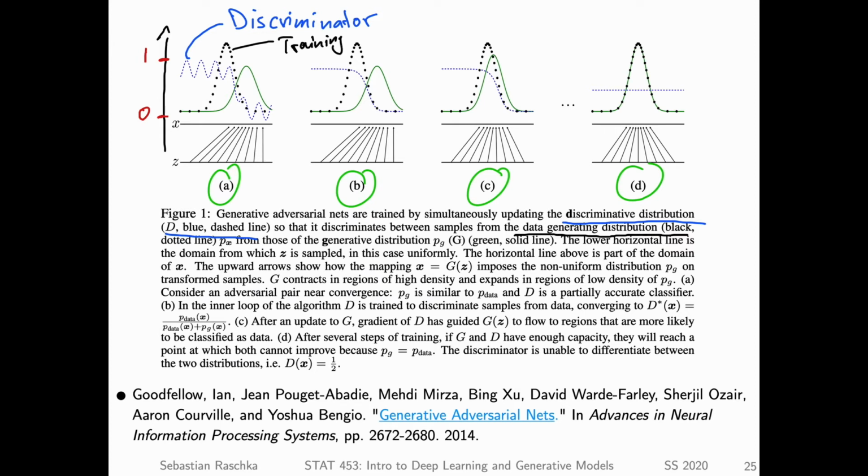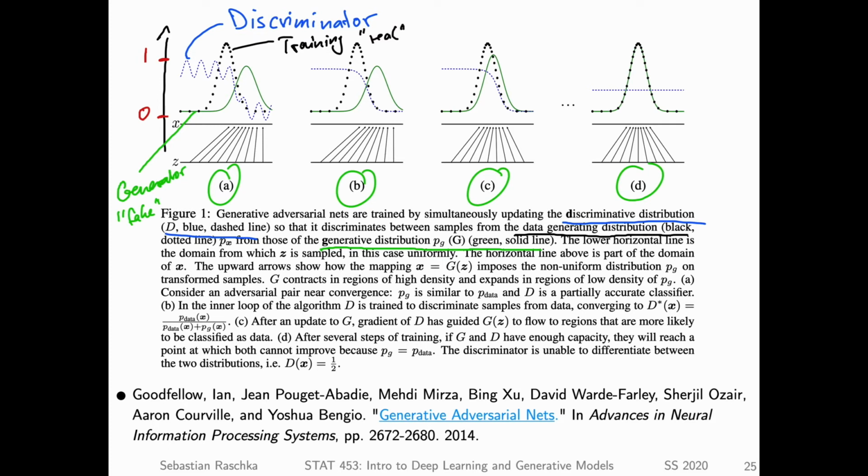What else do we have? We have the generative distribution, the green solid line. That would be the distribution generated by the generator, so the fake data. Let's call it the fake data, and then we can call the training data the real data.